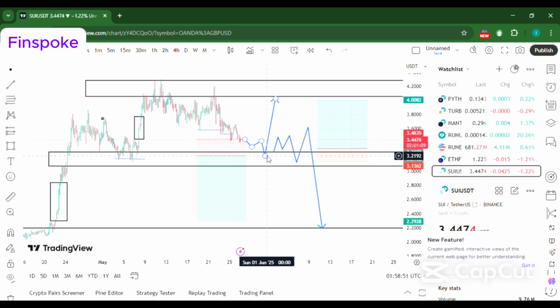Depending on other factors, it will also come here, take out these equal lows and still move down. So in most cases, I always say, look left to see what is going on previously.